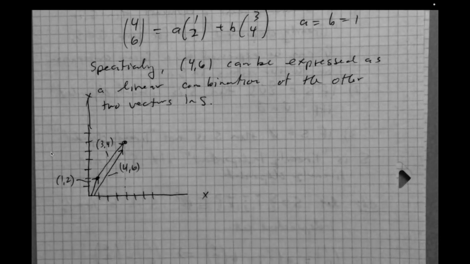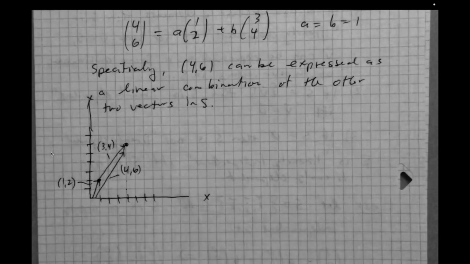And so we can get to (4, 6) using the other two vectors. That's sort of geometrically what happens when you have a set that's linearly dependent.